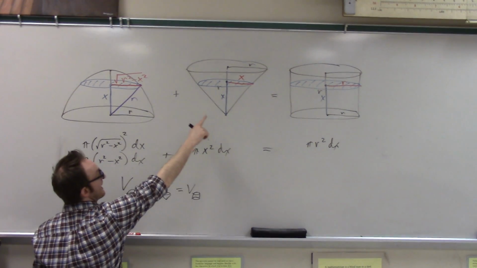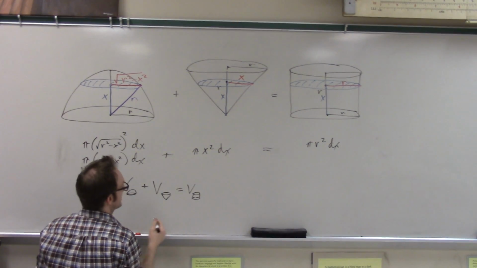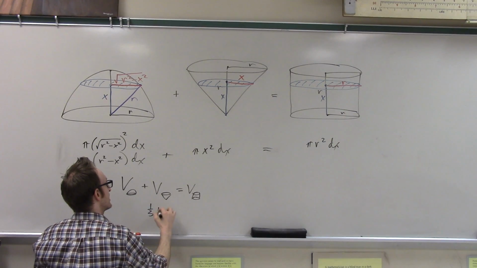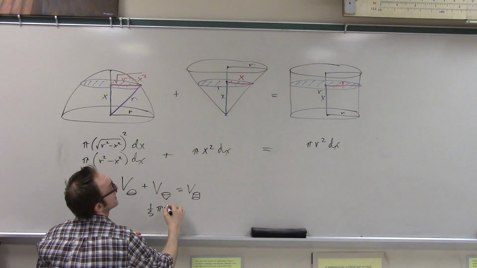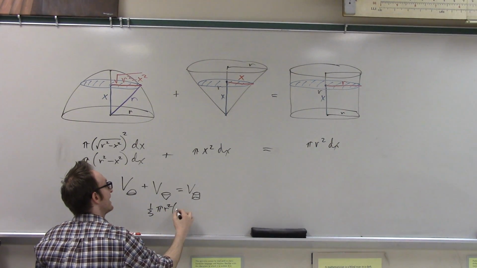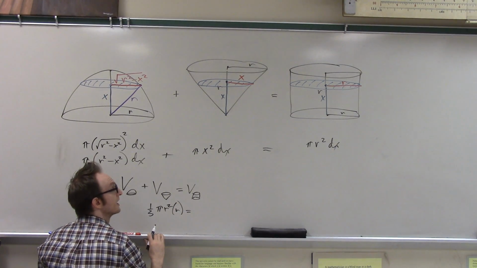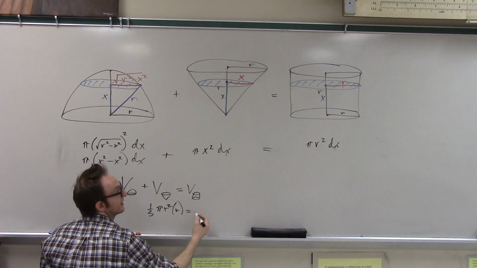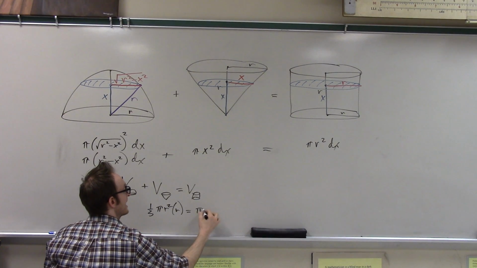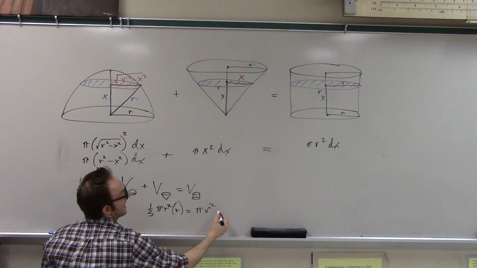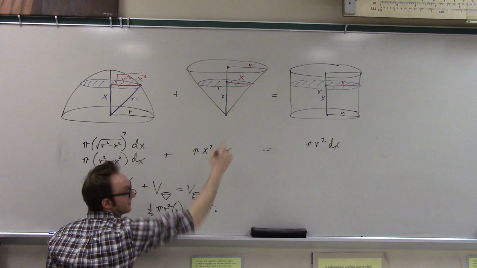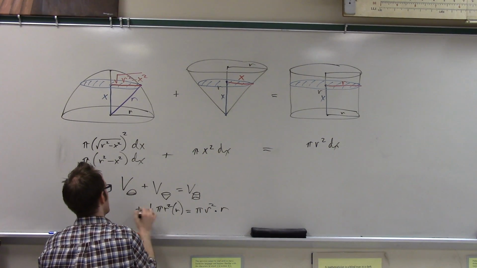We know how to do that now. The volume of this cone is going to be 1/3 pi r squared times the height of that cone, which is r. The volume of this cylinder is going to be just pi r squared times the height, which is also r.